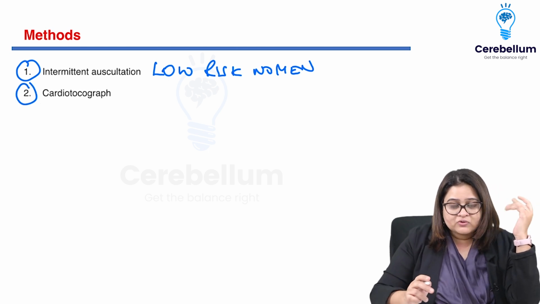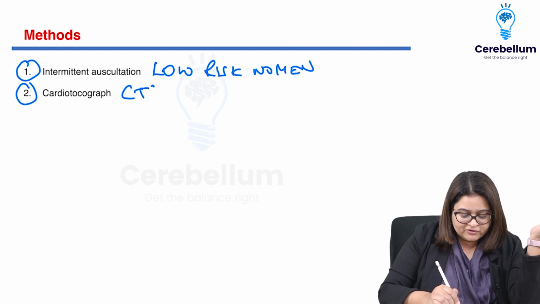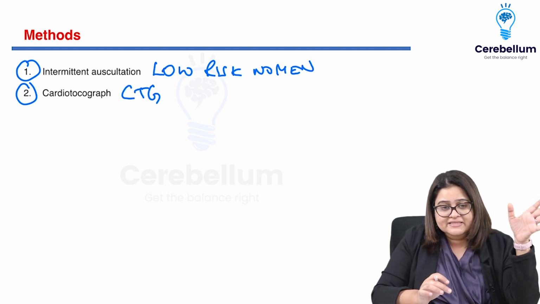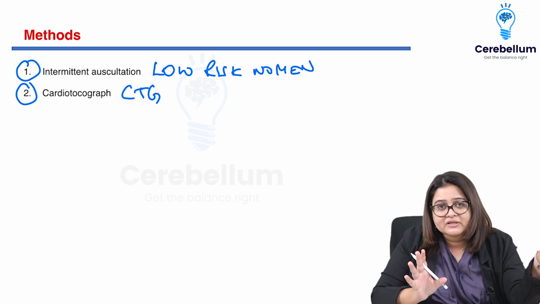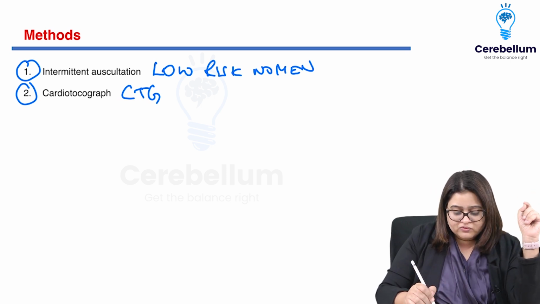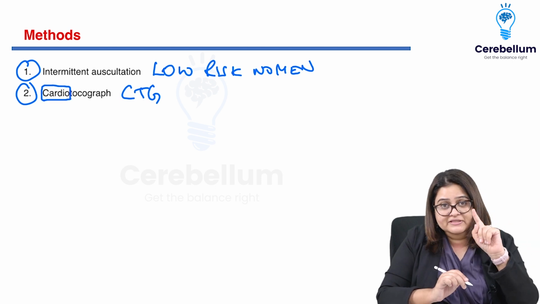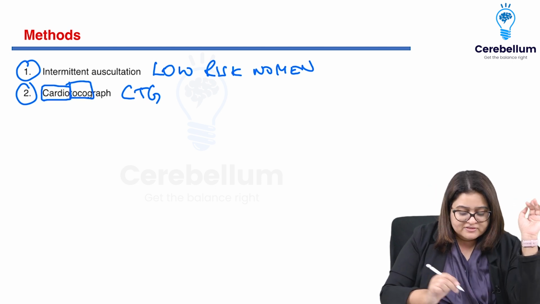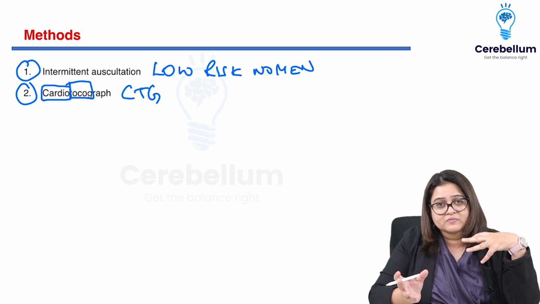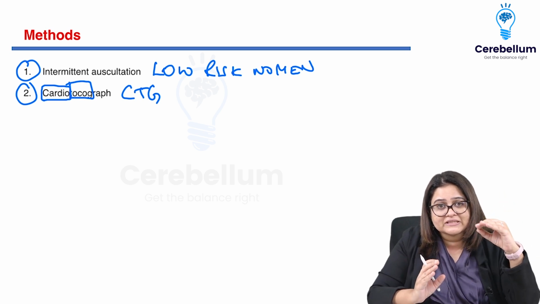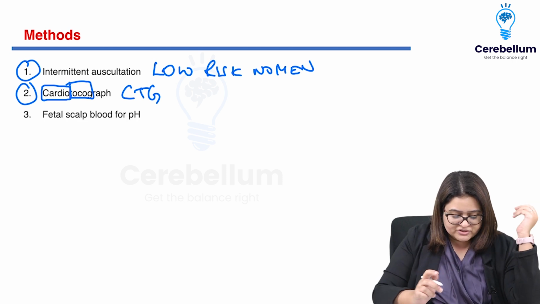Second is cardiotocograph or CTG. We've already discussed an NST. It's basically the same machine, but it's called a cardiotocograph because it has two components. It has a component of cardio, that is the fetal heart rate, and toco, that is the uterine pressure, and we see the response of the fetal heart rate with relation to uterine contractions.